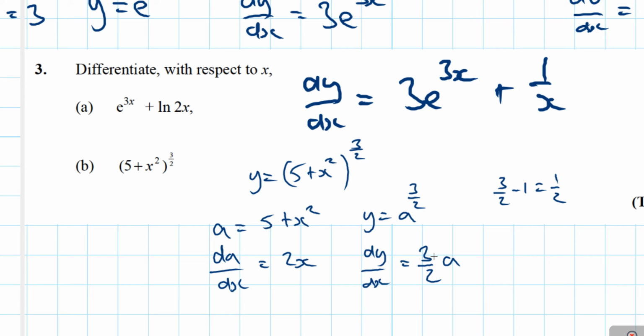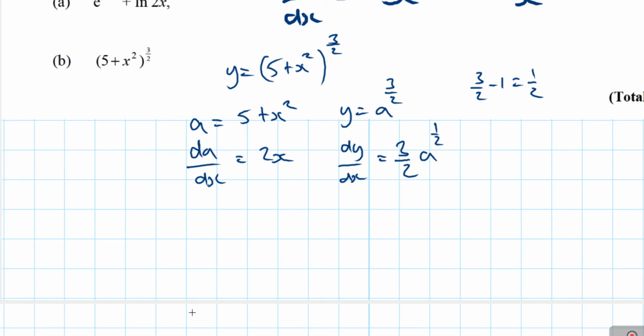Again, these ones are very simple sums, but very easy to make mistakes on, so don't be afraid to use a calculator just to check. And then for here, that's A to the power of a half.